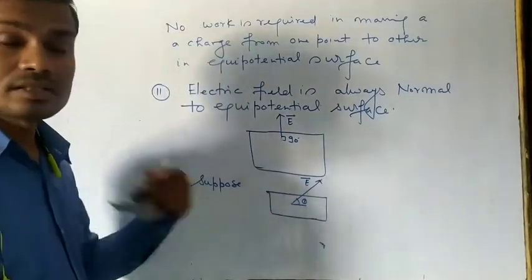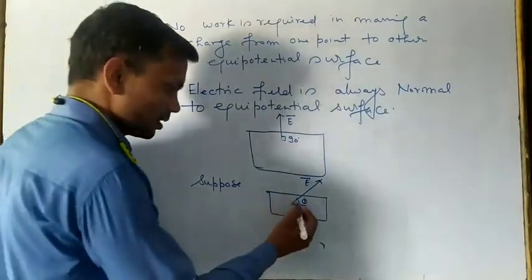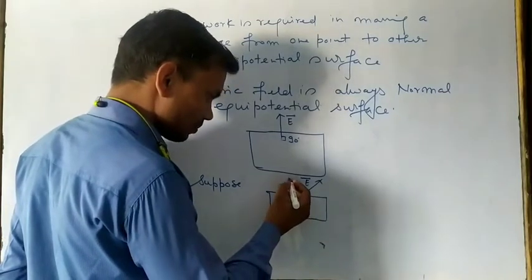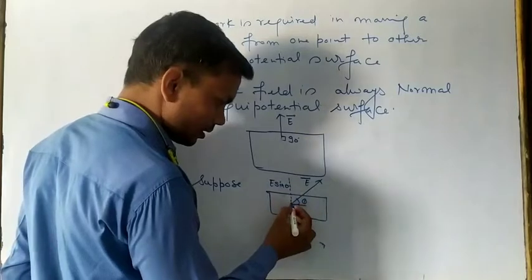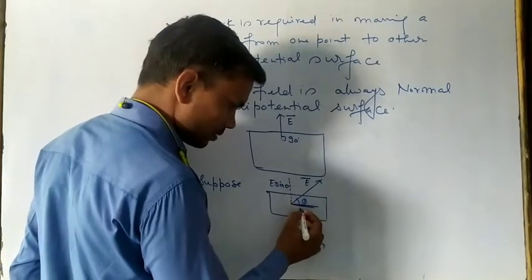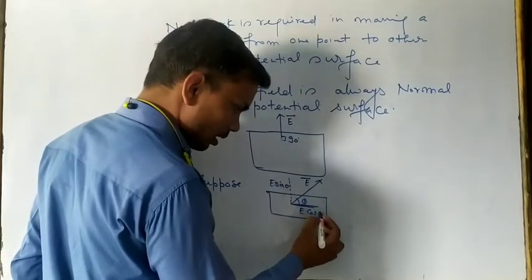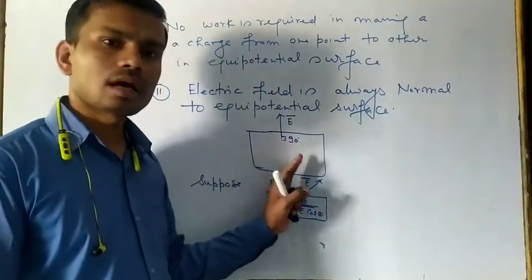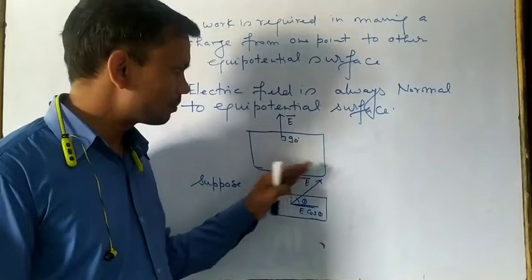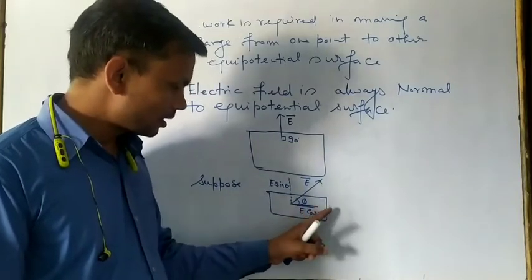Now the electric field is a vector quantity, so it has two components. This is one component, the vertical component, E sin theta, and the other component is E cos theta.